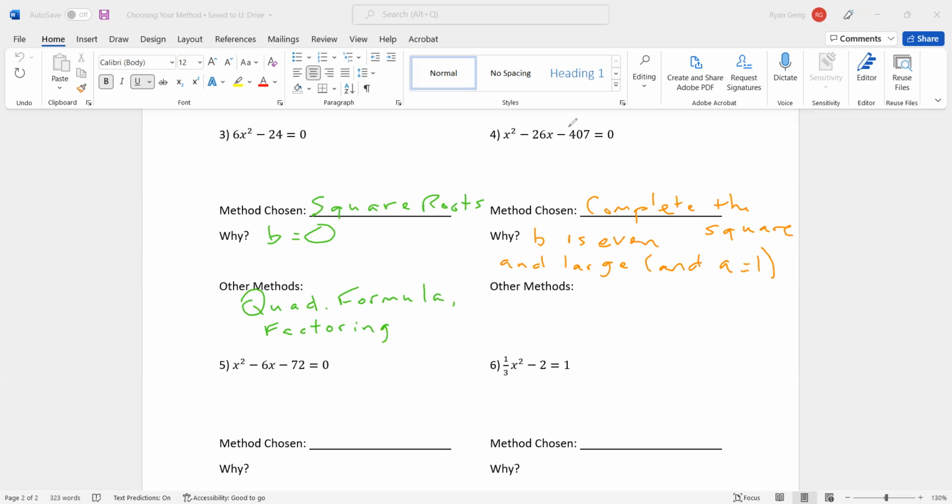Now, could you find the factors of 407 that add to negative 26? Maybe. If you're really good at factoring, potentially you could factor. I don't know if it is factorable or not, but potentially. Also quadratic formula. But the one that this is meant to follow is completing the square. Okay, can't use square roots here.